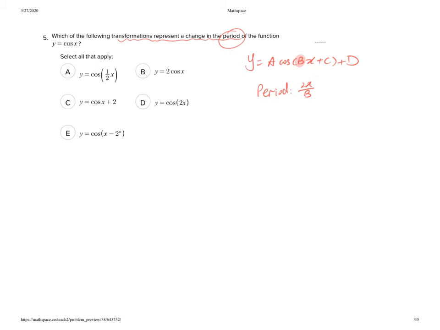Let's look at the options here. They will represent a change in the period, so make sure they give you a number in front of x. Here I see 1, here I see 1. In all other options, I don't see a number in front of x. The b value did not change, it stays as 1. So your only choices should be A and D.